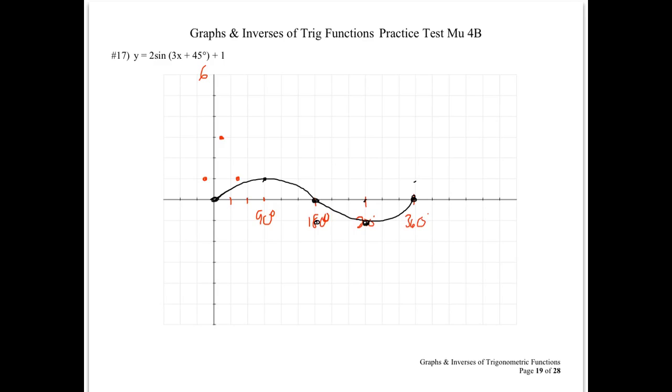And I have a spot at 75, negative 1. And then 105, 1 again. So my graph is going to look like this. This is the red one, and then the black one is the parent.